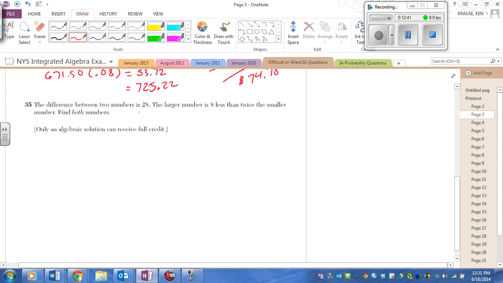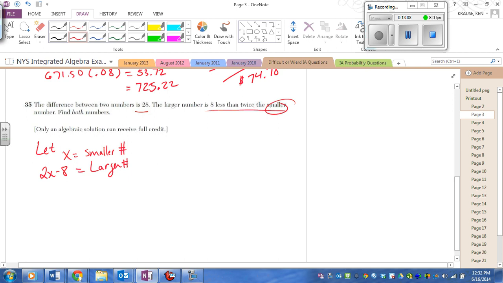Alright, so the difference between two numbers is 28. The larger number is 8 less than twice the smaller. Smaller is mentioned second, so we're going to say let x equal the smaller. And the larger is 8 less than twice, so we've got to figure out what the larger one is equal to. 8 less than twice, so 2x and then minus 8.